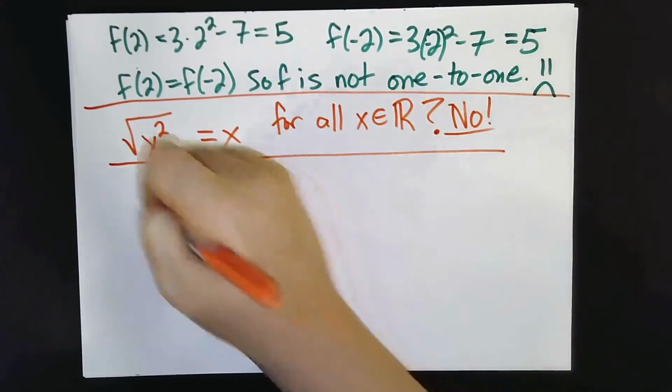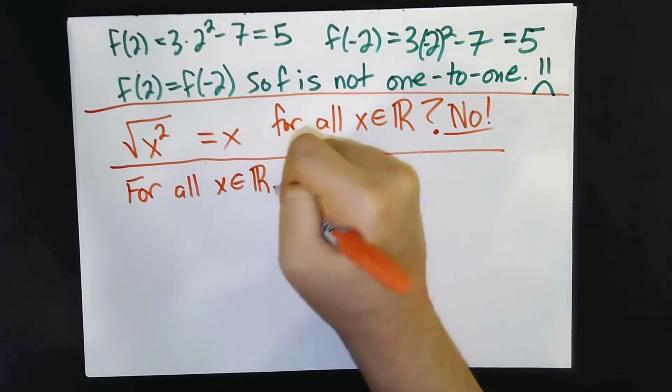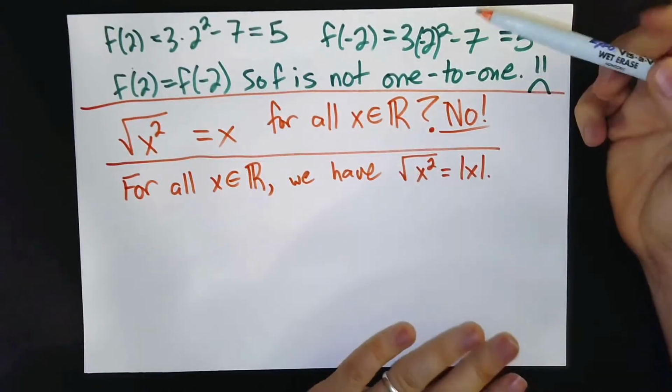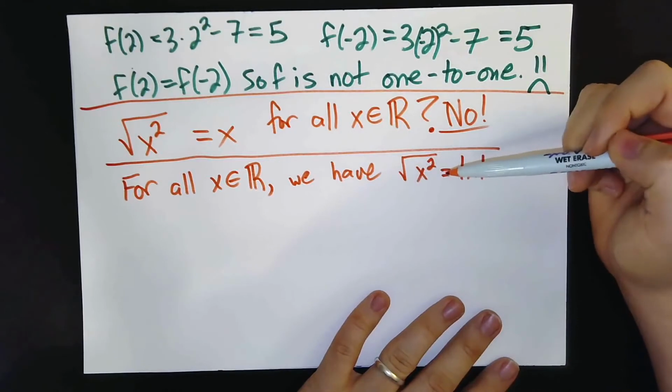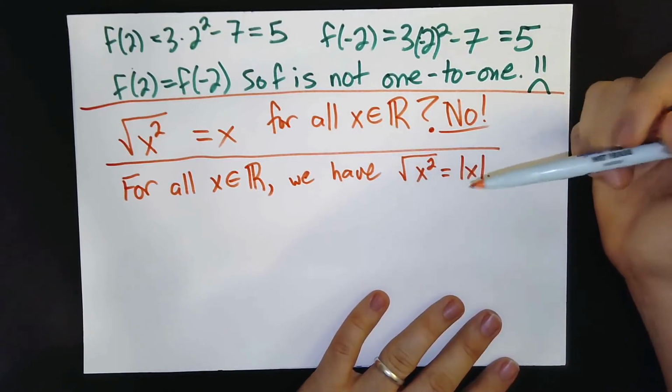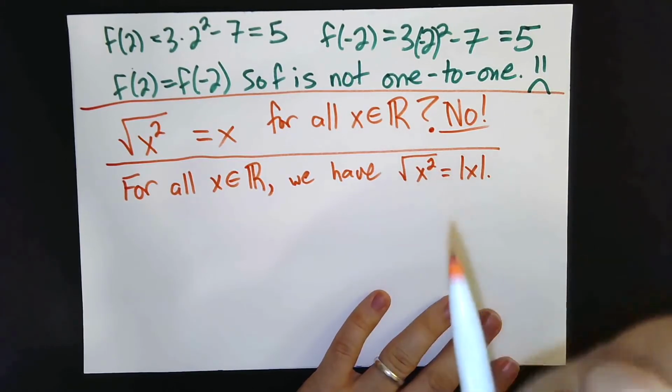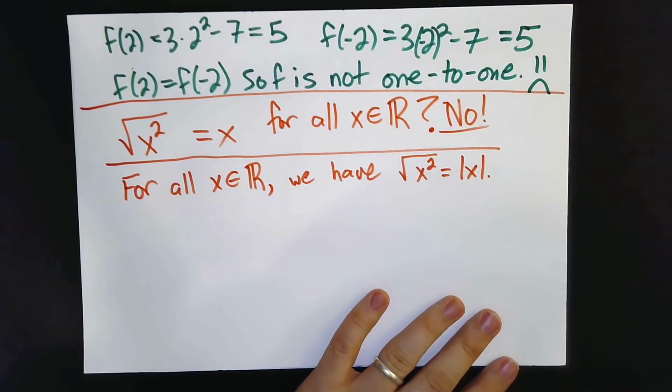The true statement is that for all x in R, the square root of x squared is the absolute value of x. That is, when you take the square root of x squared, you retain all the information except for the sign. The sign gets lost.